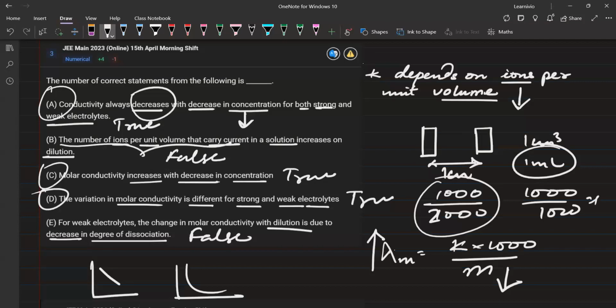Please copy this down. Anyone still writing?